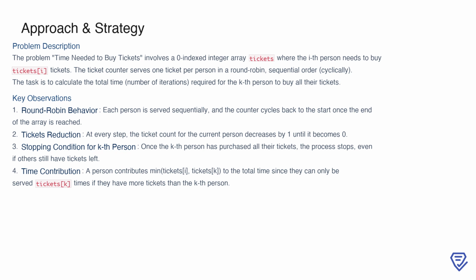Second, each ticket purchase reduces the ticket count for that person by 1. Third, as soon as the kth person finishes buying all their tickets, the process stops, regardless of whether others still need tickets. Lastly, the time contribution of each person depends on the smaller value between tickets[i] and tickets[k], since individuals can only be served for as long as the kth person remains in the queue. These observations lay the foundation for solving the problem efficiently.